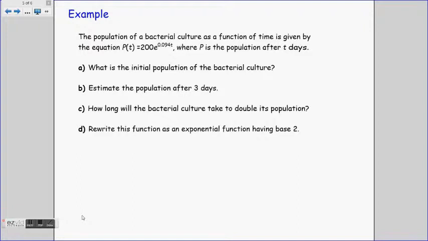A, what is the initial population of the bacterial culture? B, estimate the population after 3 days. C, how long will the bacterial culture take to double its population? And then D, rewrite the function as an exponential function having base 2.